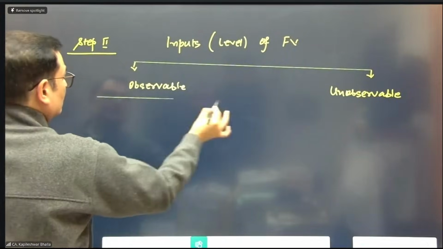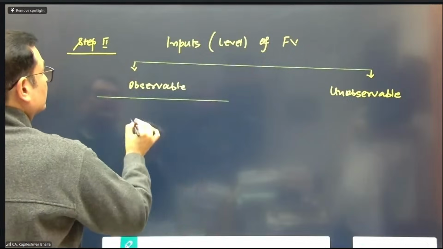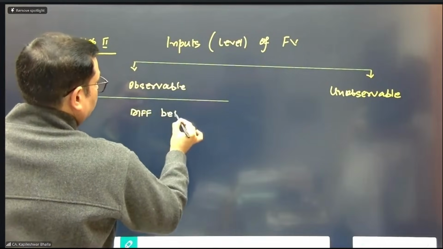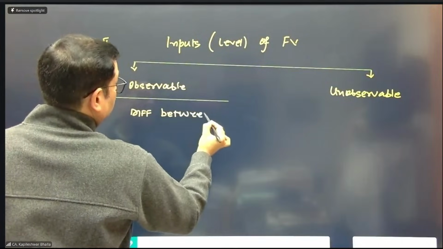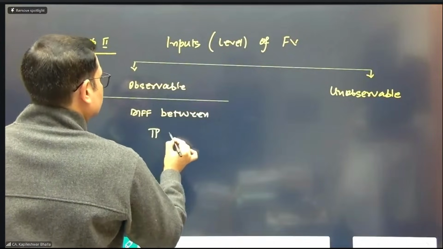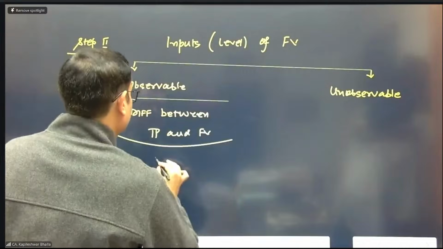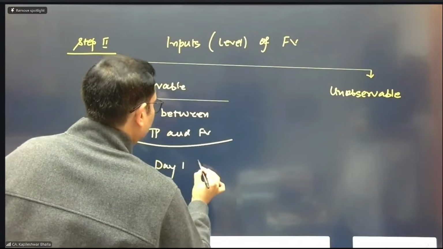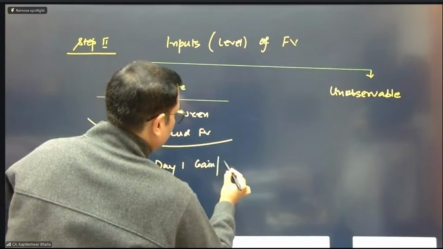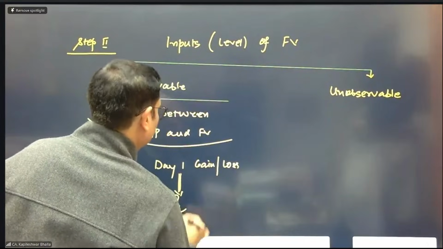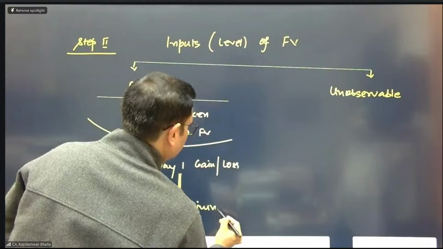If it is observable, then the difference between the transaction price and fair value is going to be treated as a day one gain or loss, and it will be taken in profit and loss immediately.